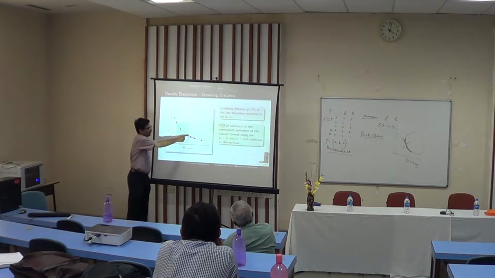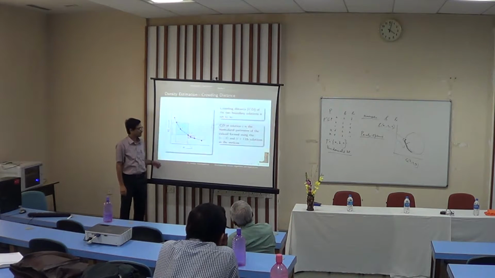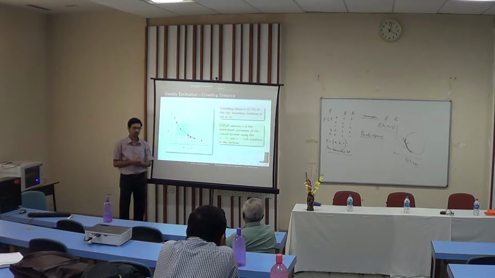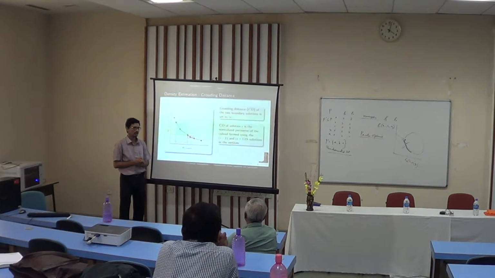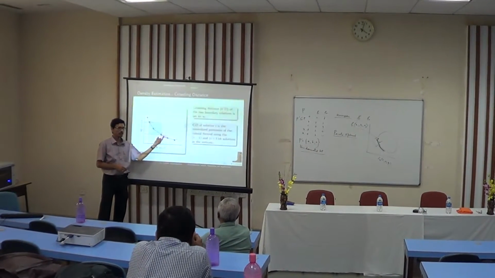Then we virtually create a box around this solution with respect to these two solutions. The crowding distance value we put for this solution is the area of this box. Similarly, the crowding distance value of this solution will be the area of this box.